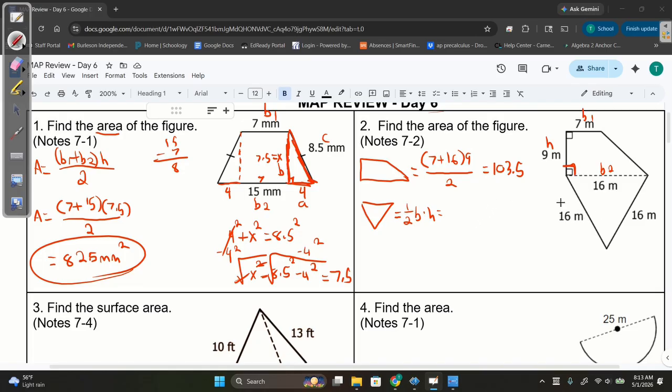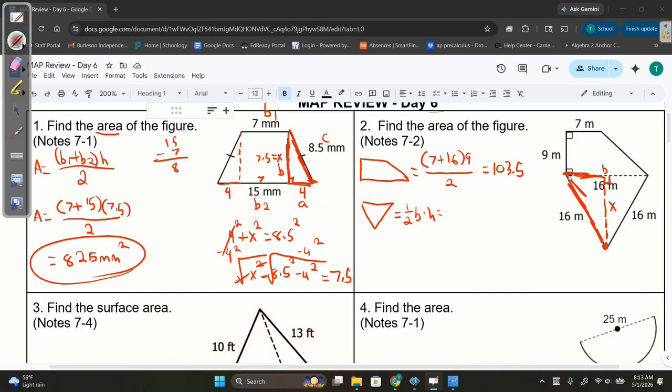As for the triangle, I have my base here, but my height needs to go from the tip to the base to make a 90-degree angle. You might notice, again, I don't have that. So, again, just like over here, we're going to have to use Pythagorean theorem using this right triangle here.